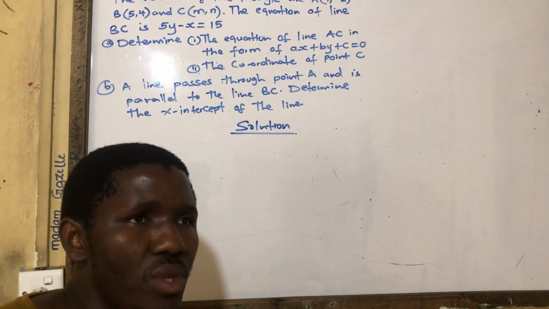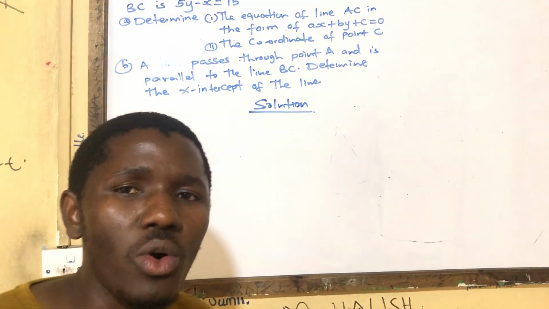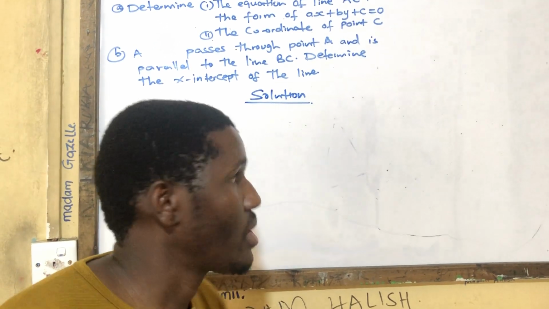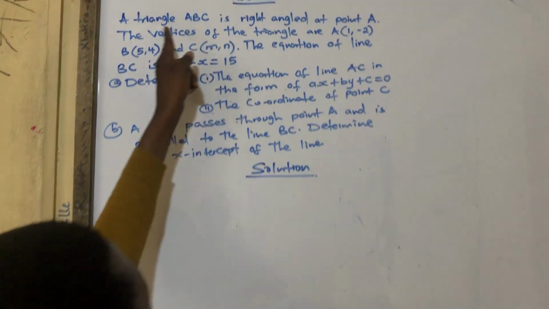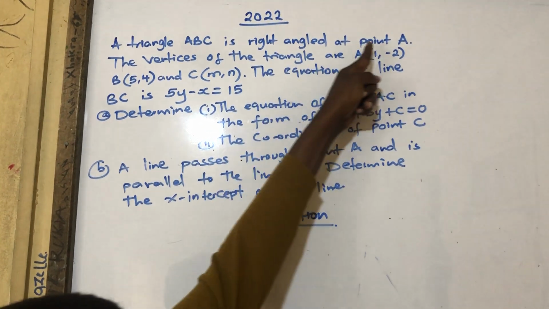Take note, the question is talking about a triangle, and this triangle is right angled. At which point? A triangle ABC is right angled at point A.